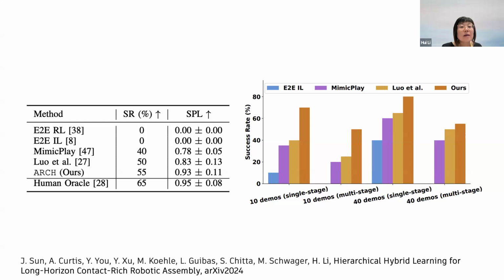And the right-hand side shows the data efficiency of the approach. Because of the hierarchical framework, we can use just 10 demonstrations and it can achieve a high success rate.